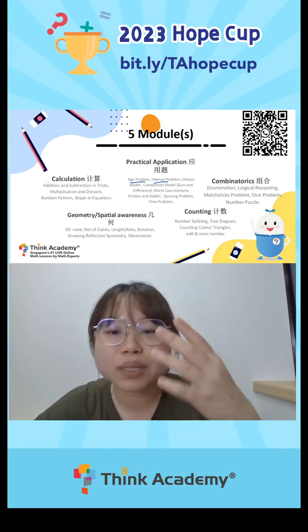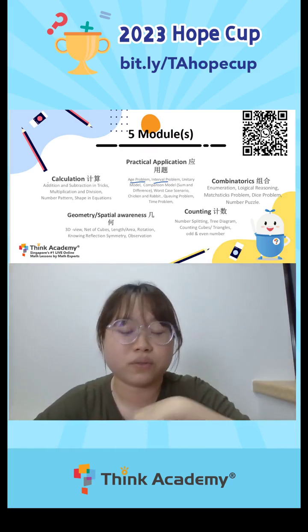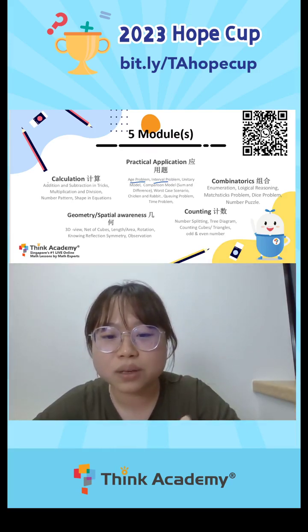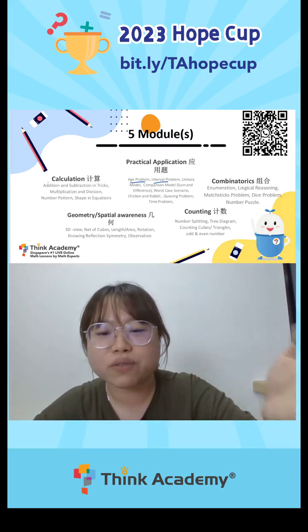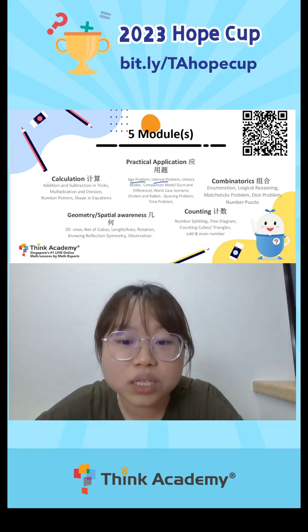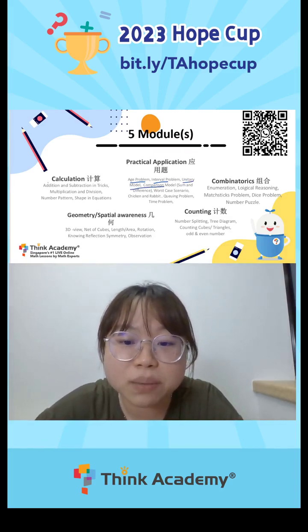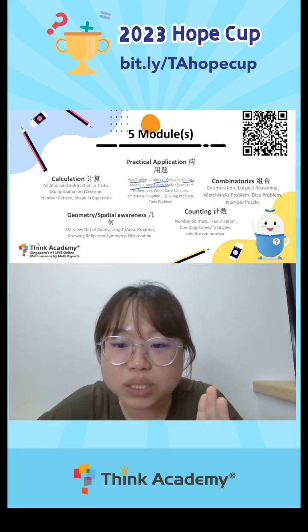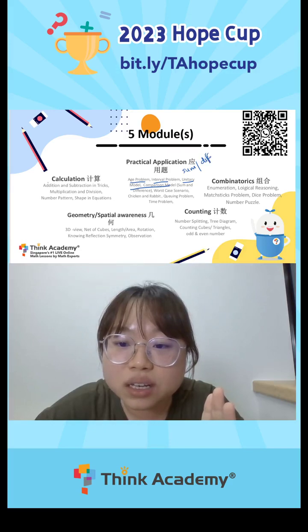Or you climb some stairs from ground floor to second floor, you take how many minutes? And then from second floor to, let's say, fifth floor, how many minutes? This is interval question. Unitary model and comparison model, easy. You can use this model to solve any question when you see there is a sum or difference or multiples.